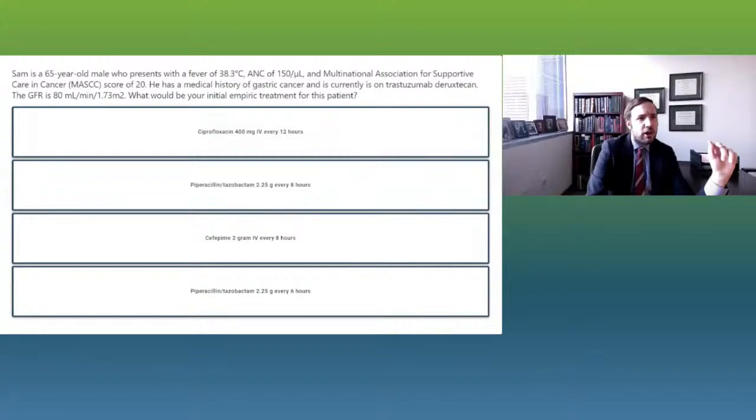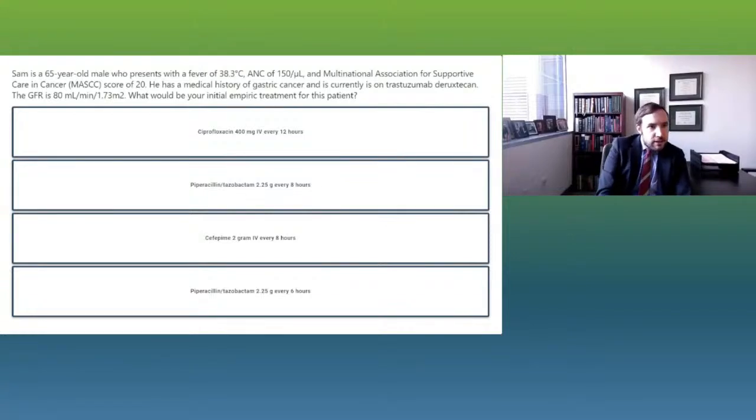So before we get started, as is normal with these things, we'll be doing some pre-test questions. I'm going to go ahead and read these off for you, and you guys can answer. So Sam is a 65-year-old man. He comes in with a fever of 38.3 centigrade. He's neutropenic with an ANC of 150, and his Multinational Association for Supportive Care in Cancer, or MASCC score, is 20.